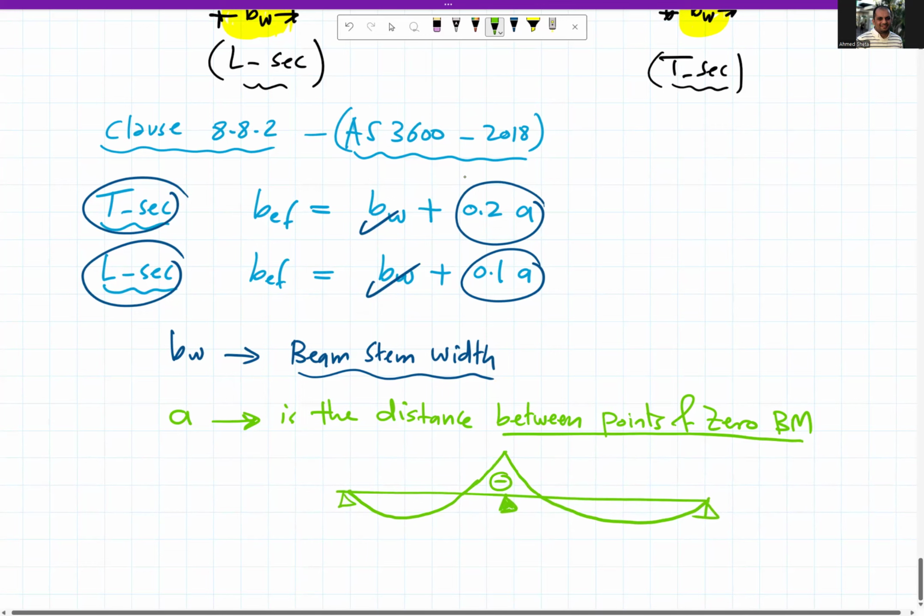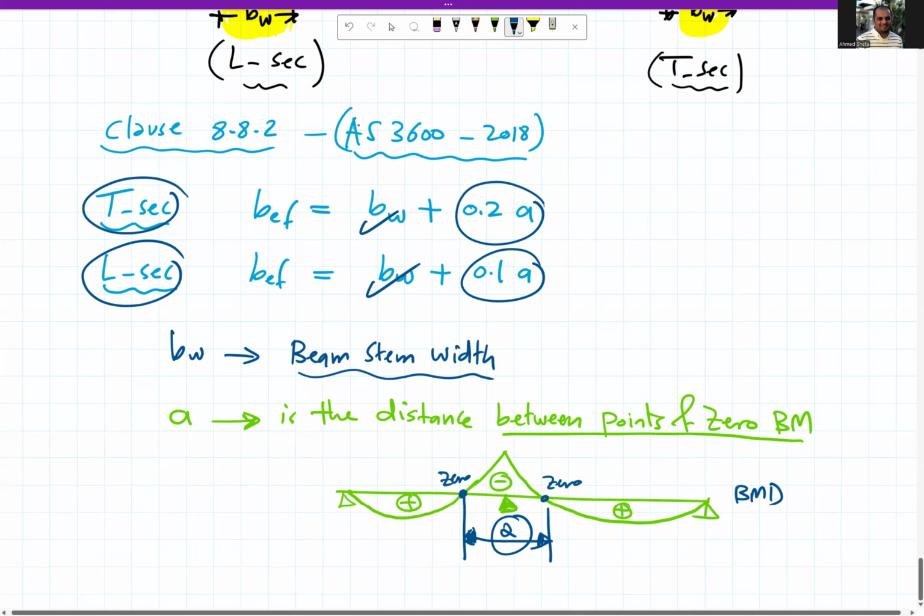So this is negative, positive, positive. So actually A is the distance from here to here. So this is what is A. So A is the distance between the two zero moments. So the moment here is 0, 0. This is our bending moment diagram. So this is actually A.